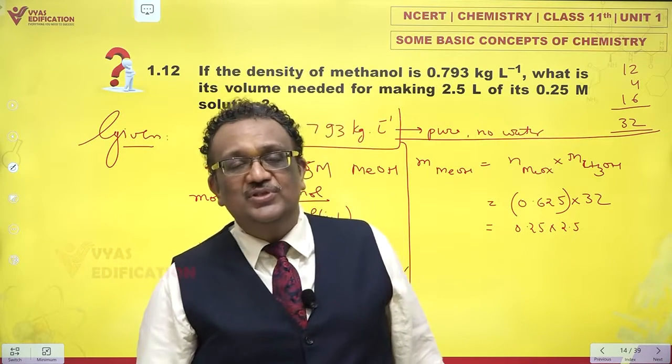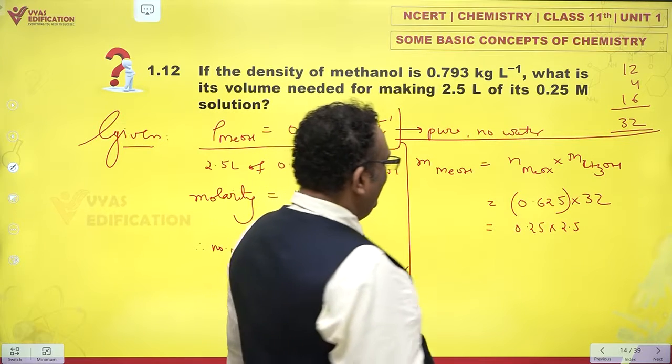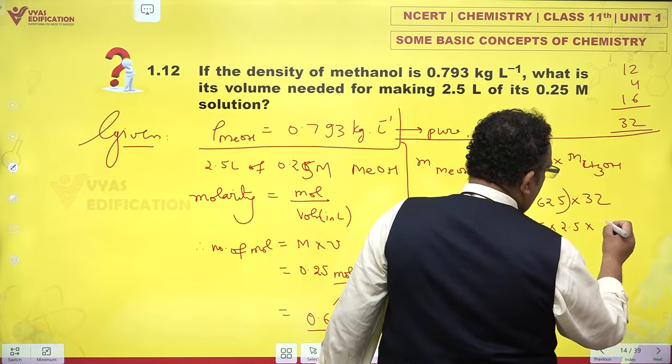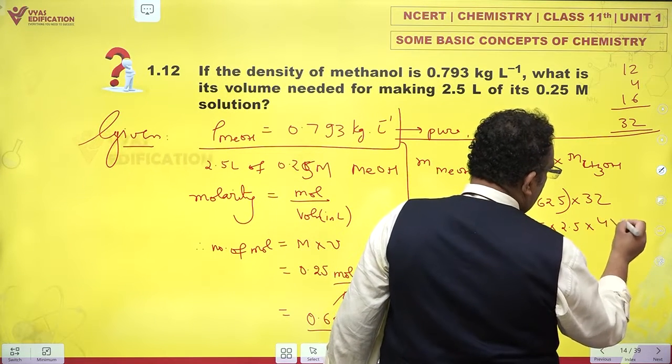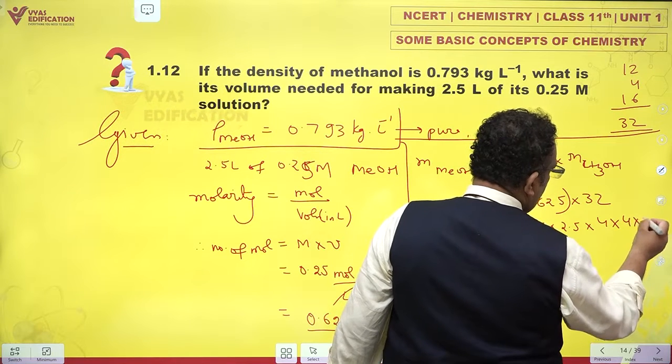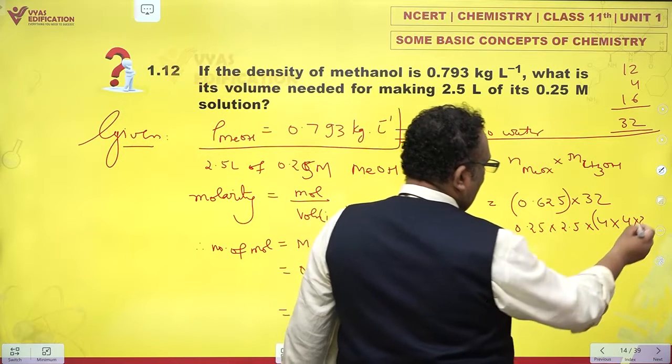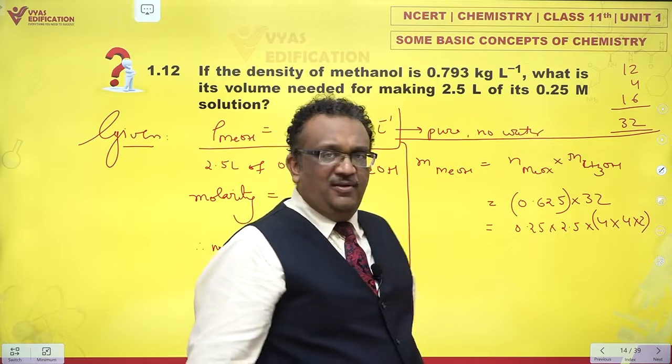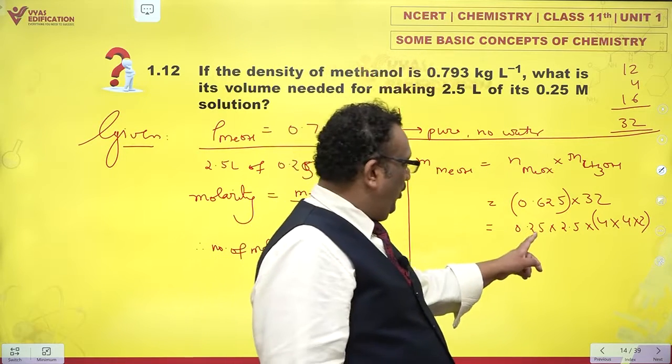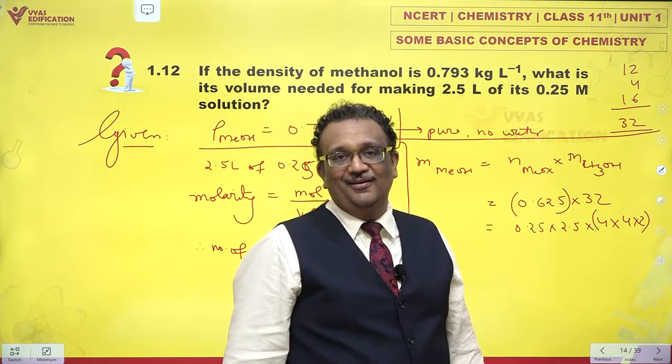32, you know 8 4s are 32, right? So 32 is actually 4 into 8. I have just done factors. Why have I done that? 2.5 4s is 10.